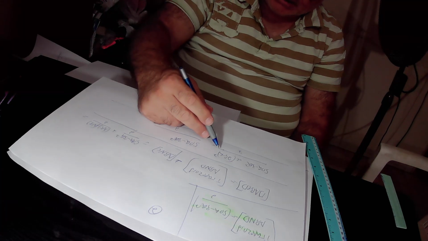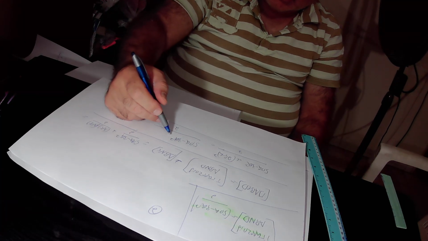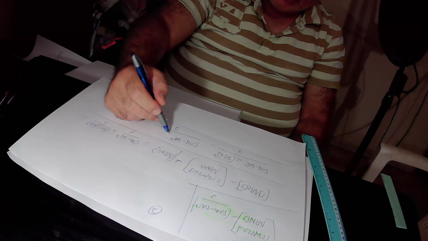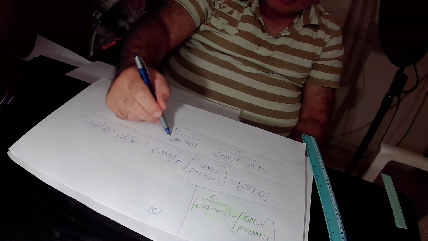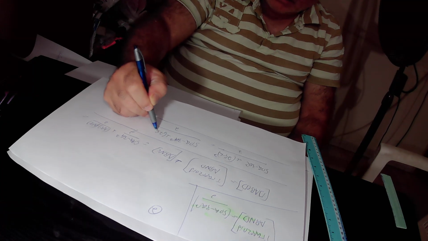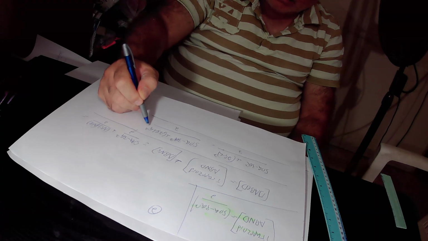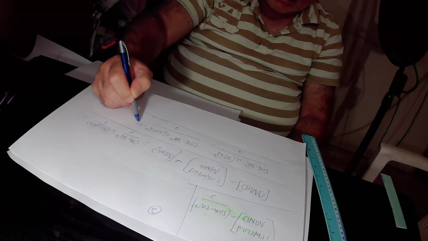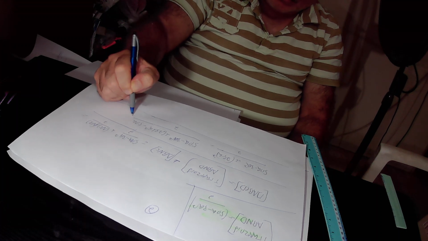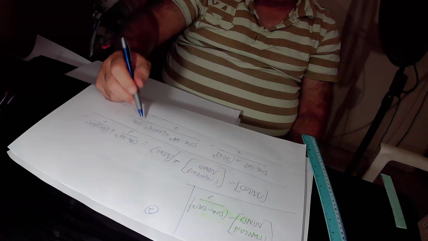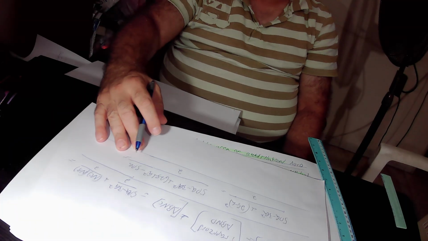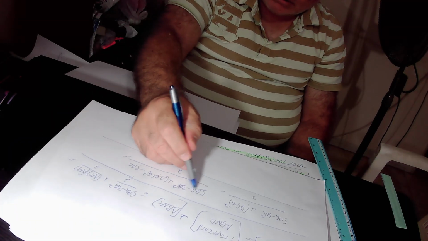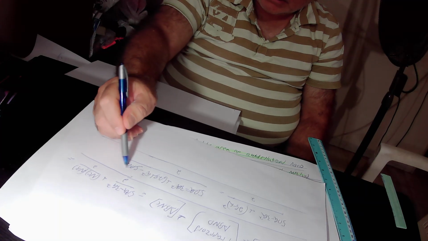Here we'll open the brackets of this expression, and we get that 25 minus A squared equals 25 squared, that is 625, plus A squared minus 2 times 25 times A, that is minus 50A, divided by 2. 50A minus 50A is 0, so those expressions will get cancelled.